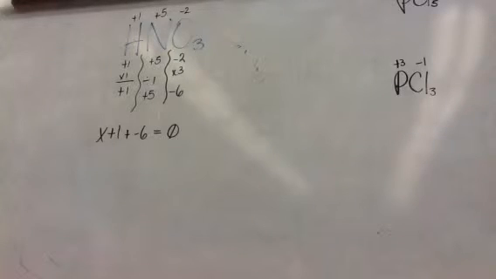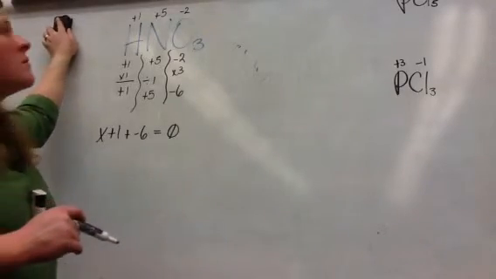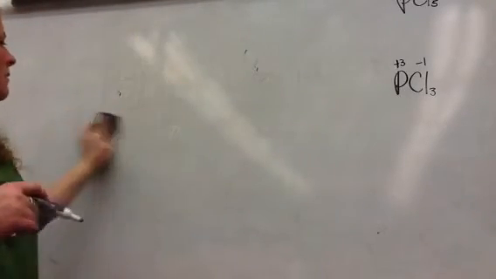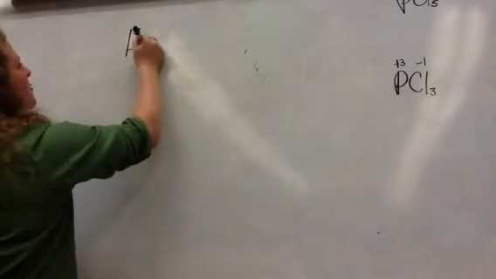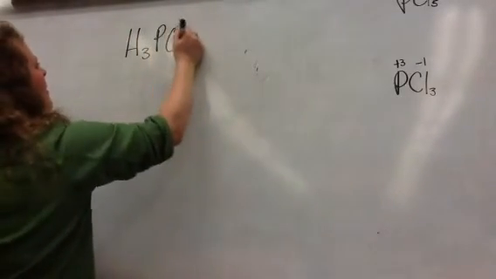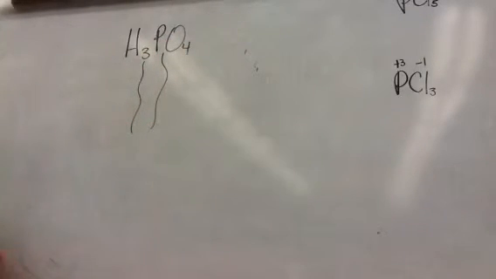Let's do one more with multiple parts. In keeping with our theme, we'll go with phosphoric acid. You've probably all consumed it in pop. Okay, start with oxygen again. What's oxygen's oxidation number? -2.